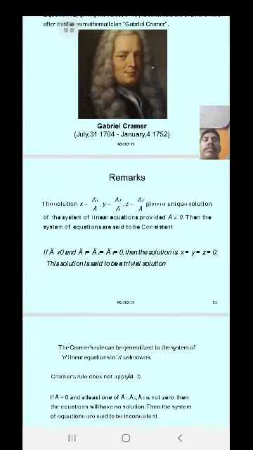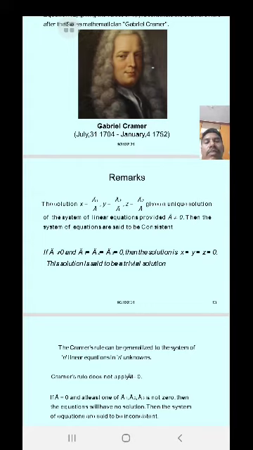Next remarks. The solution x equals delta 1 by delta, y equals delta 2 by delta, z equals delta 3 by delta gives a unique solution of the system of linear equations provided delta not equal to 0.